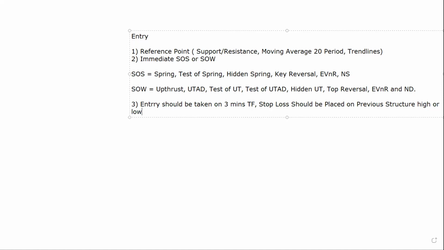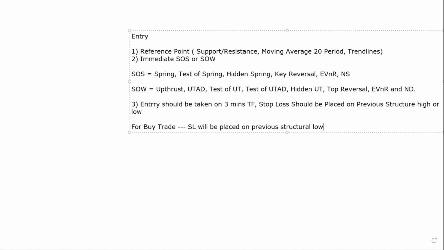For example, if it is a buy trade, then you will place your stop loss, I will write it down. For buy trade, SL will be placed. You know what SL is, right? SL means stop loss. SL will be placed on the previous structural low.